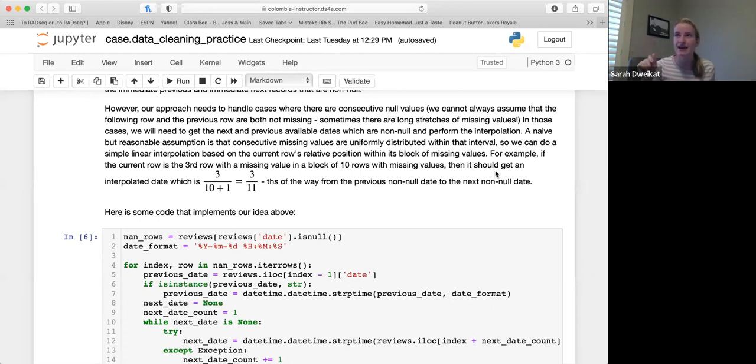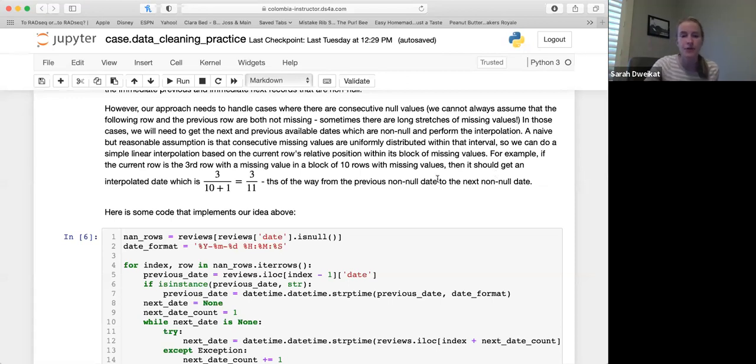Let's say we had 10 minutes to 50 minutes, and we have 10 blocks in between. We would take 50 minus 10, so that's 40, divided by 11 instead of 10. We need to divide it into 11 increments to fill in our missing values, even though we have 10 missing values.